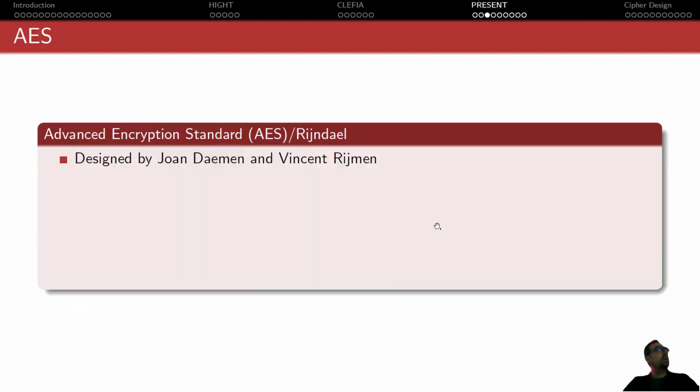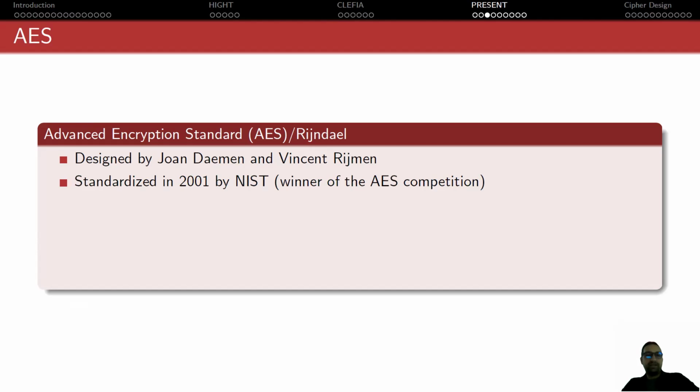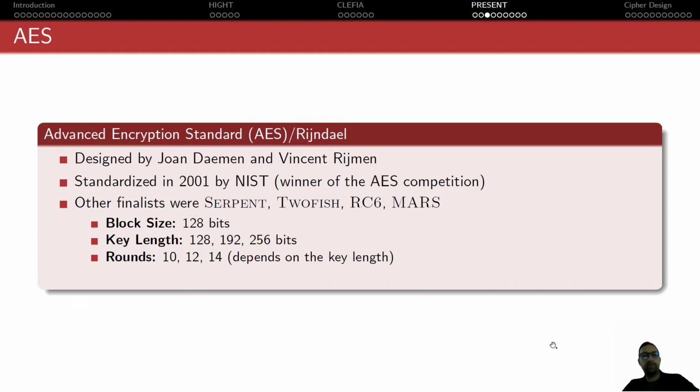Okay, so let me first talk about the Advanced Encryption Standard. It was designed by two Belgians, Joan Daemen and Vincent Rijmen. It was standardized in 2001 by NIST because Rijndael, the original name of the algorithm, won the competition. Other finalists were Serpent, Twofish, RC6, and MARS. They are a little bit famous also, generally included in libraries like OpenSSL, but there's no need for anybody to use them.